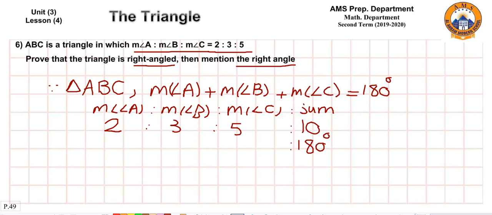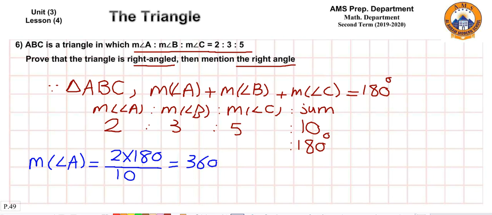Now to find the measure of angle A, we can say that it equals 2 times 180 over 10, and this will be 36 degrees.